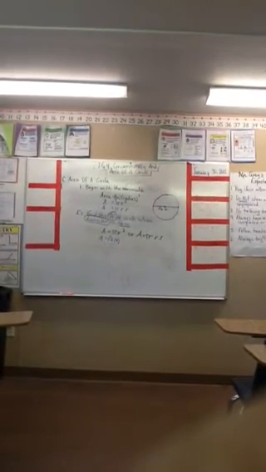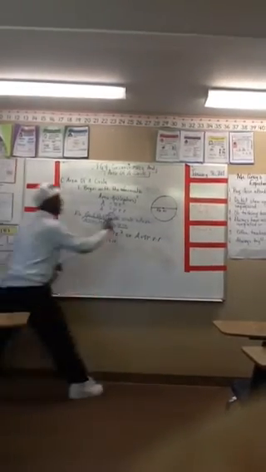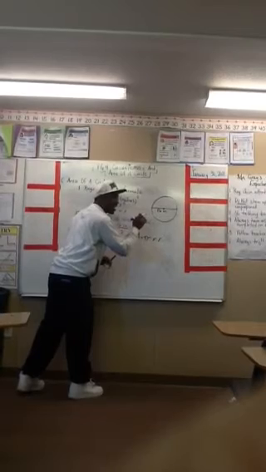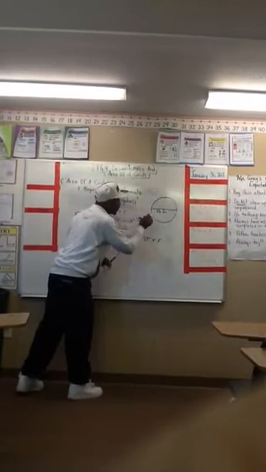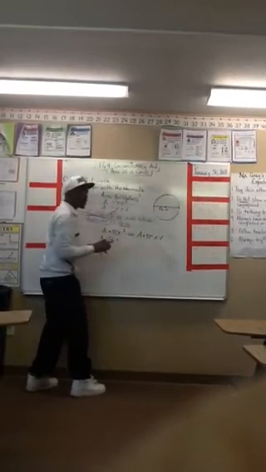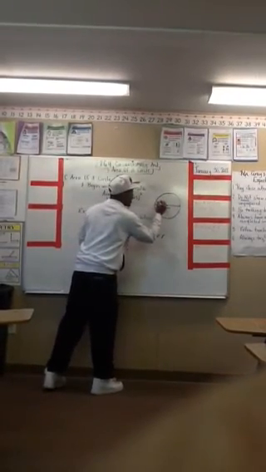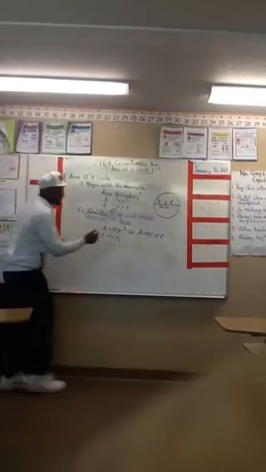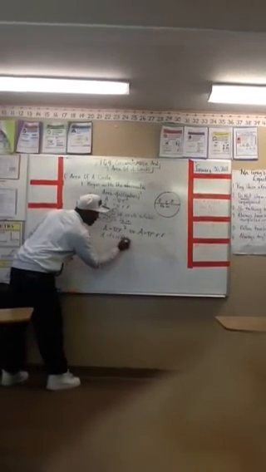No. It gives me diameter. So if all the way is 16 across, Kenyon, what's halfway? What's half of 16? If I do 8 plus 8, I get 16. So the radius is 8.